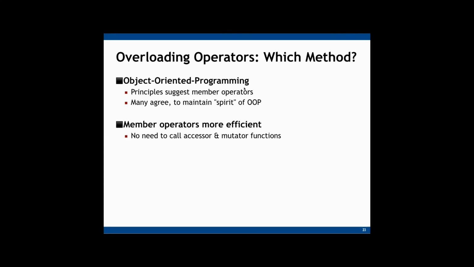But if we overload the operator as a member function, you don't need to use an accessor and mutator function. You can just directly access the private members. So it is more efficient because there are no function calls. So it is recommended that you overload operators as member functions.